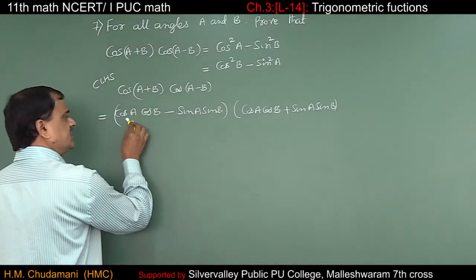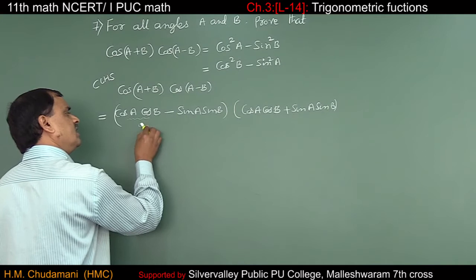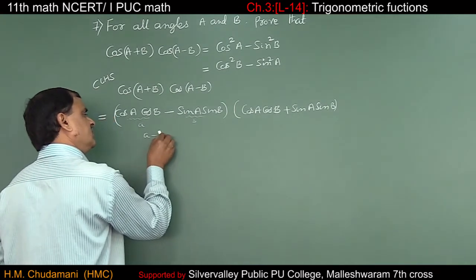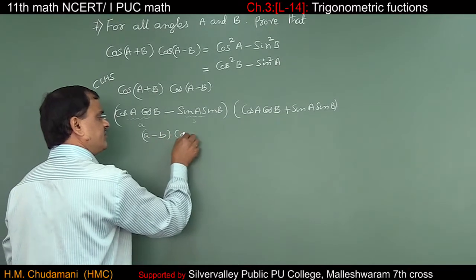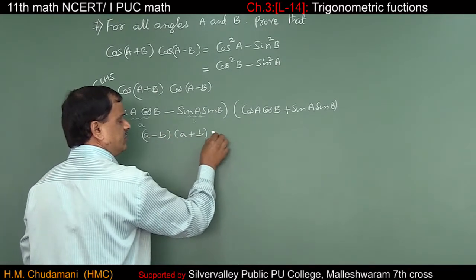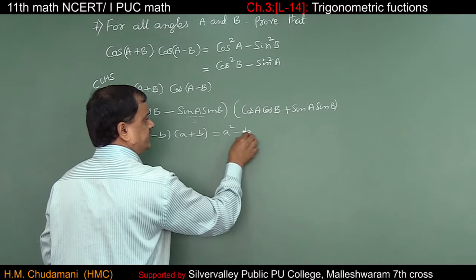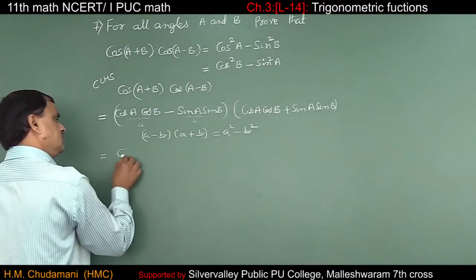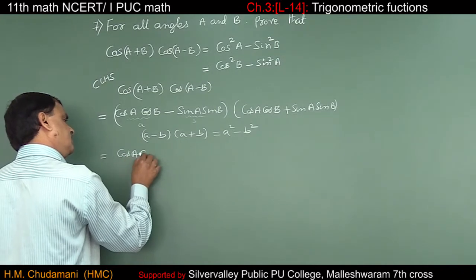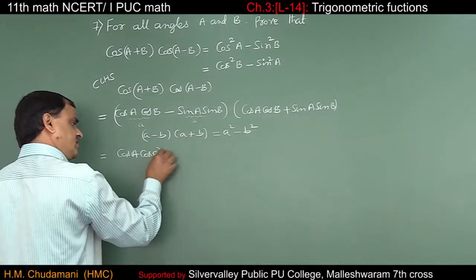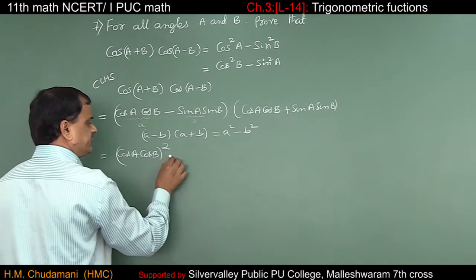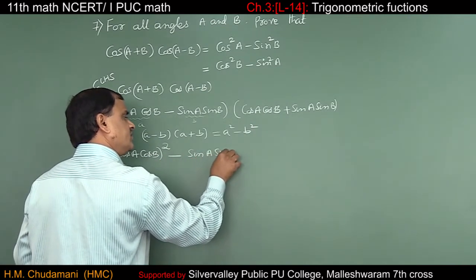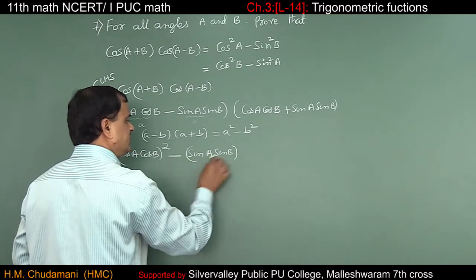Look at this, it is of the form (a minus b) into (a plus b), which is a² minus b². A is what? Cos a cos b. A square means square of this, minus b square means (sin a sin b) the whole square.